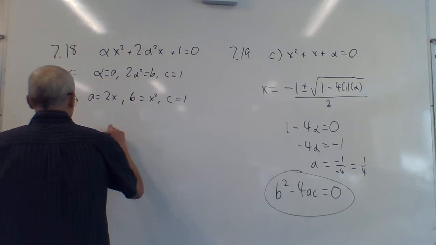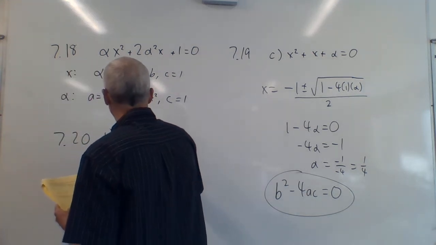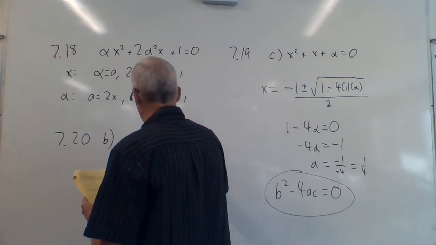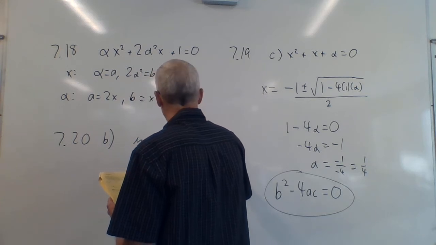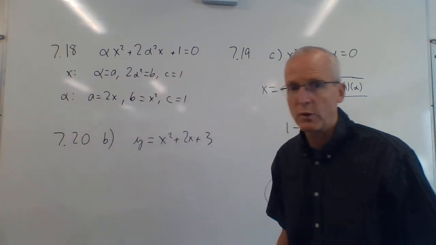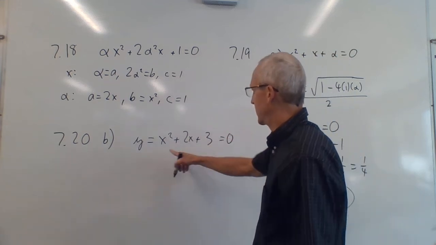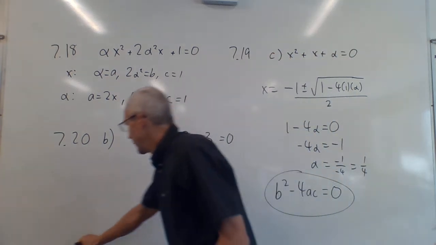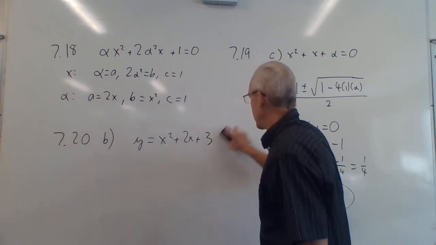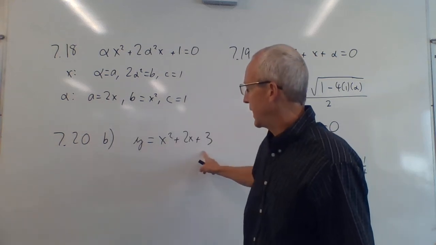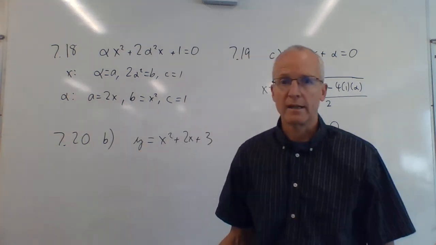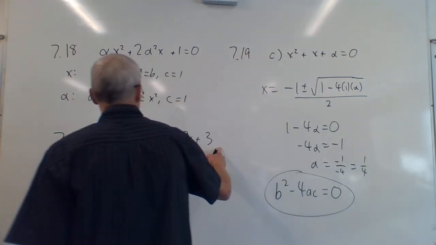7.20b says solve for x, and we have y is equal to x squared plus 2x plus 3. Normally when we use the quadratic formula, we set this equal to 0, and then we go negative b plus or minus. But we have a y there. That's okay. If we're solving for x, we just treat y as a constant. So let's put the y on the other side.